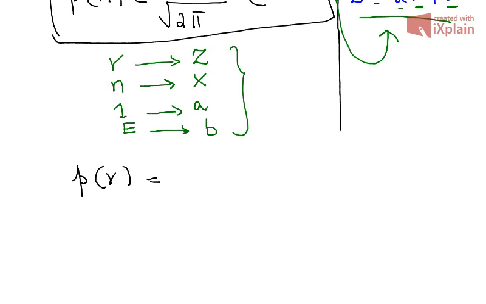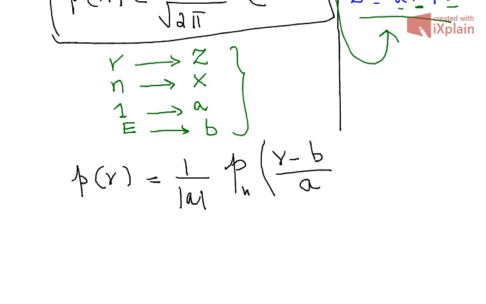The PDF of R is equal to 1 over mod A times the PDF of the noise term computed at R minus B over A, right?